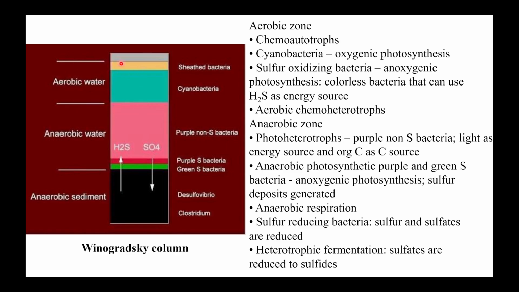The region up to which the oxygen can penetrate will become the aerobic water. Below that, the water region where there will be no oxygen will become anaerobic water, and then comes the soil part, which will be the anaerobic sediment, because no oxygen can penetrate in this area.